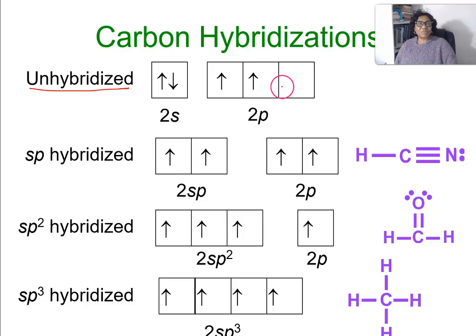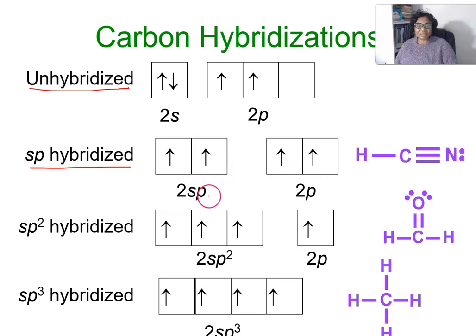So if it wants to hybridize, it can use only one of these p orbitals. So this is sp hybridization. It takes the empty one, mixes it with the 2s, and you form the 2sp hybridized orbitals. These ones are not mixed.